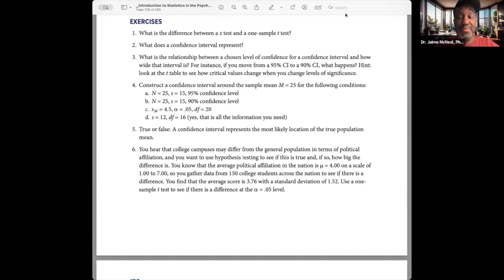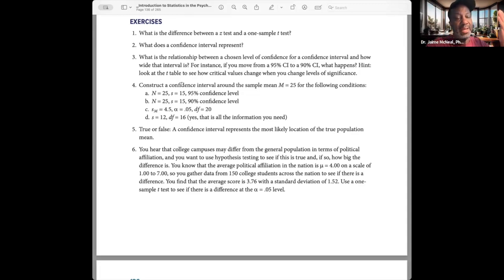All right, let's go back to the map. Here, I'll write out the pieces, but for each element of the problem, A, B, C, and D, the sample mean is always 25. They're just asking us to construct the confidence interval. They're not asking us to reject or accept or fail to reject the null hypothesis.